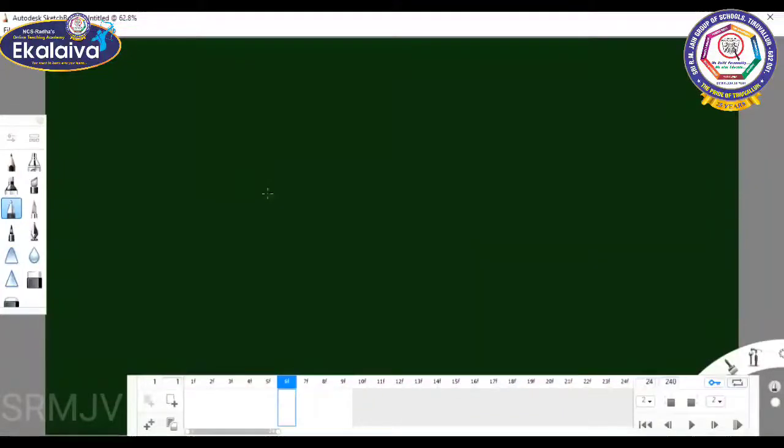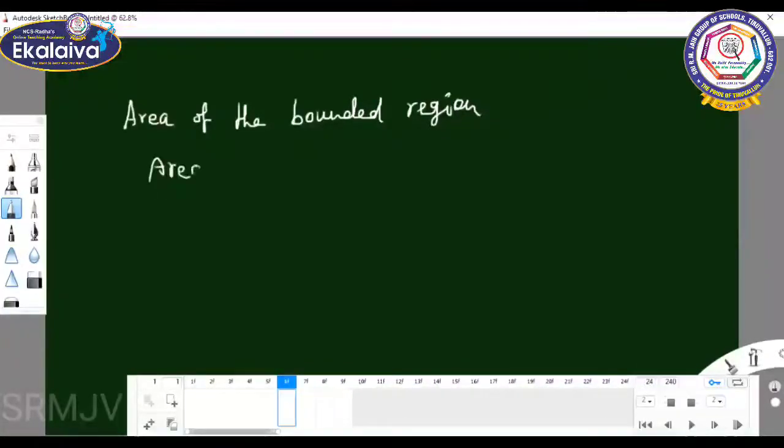So area of the bounded region equal to integral.